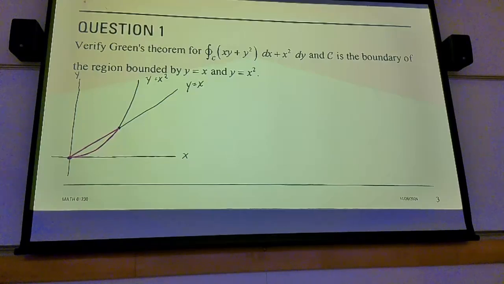That would be the boundary of our region, right?